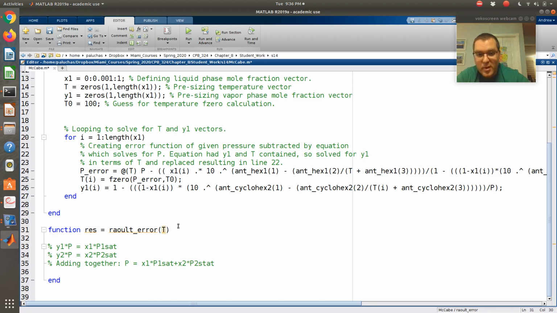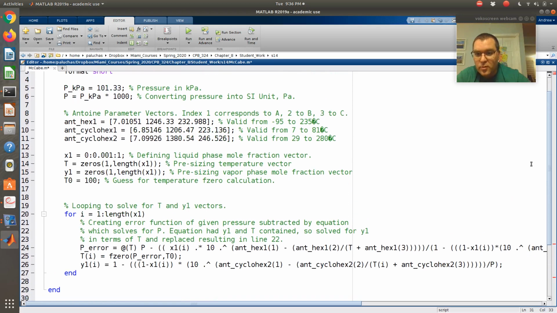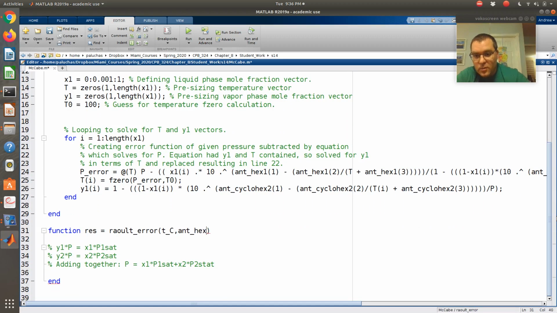So information I'm going to need is, I'm going to solve for T, and I'm going to call it T underscore C, since I know Antoine uses temperature in degrees C. And then, what else will I need? I'll need my Antoine constants for each component. So I'll use ant hex 1 and ant cyclohex 1.